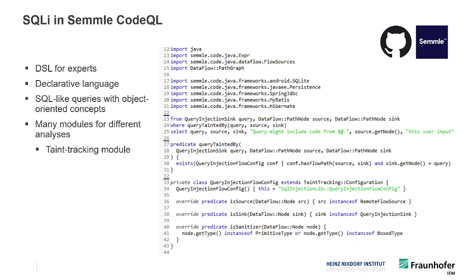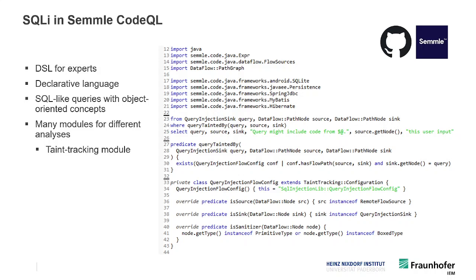They have a data flow engine, and this engine also has a taint tracking module. So there are specifications for taint tracking, like this one here. We have one example for SQL injection, and we will now walk through this code to see how this language works and how users can specify the rules.